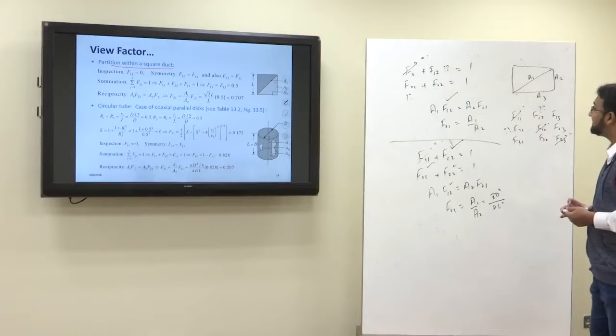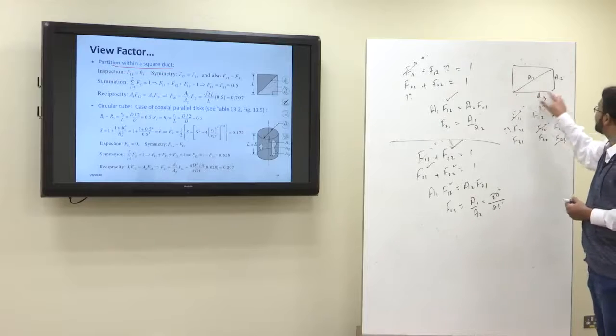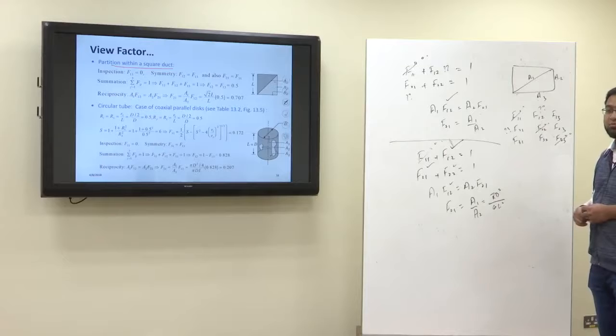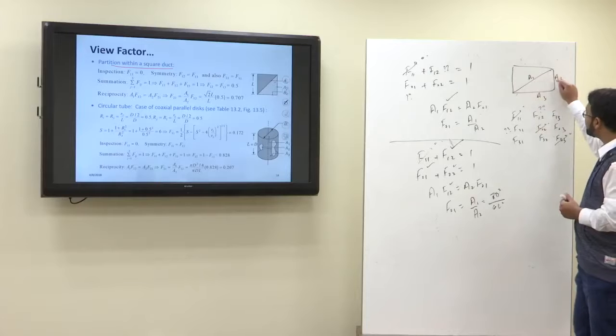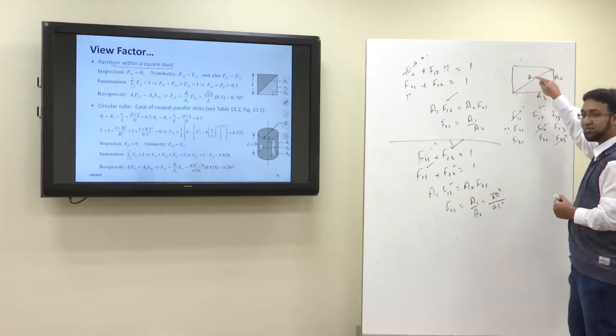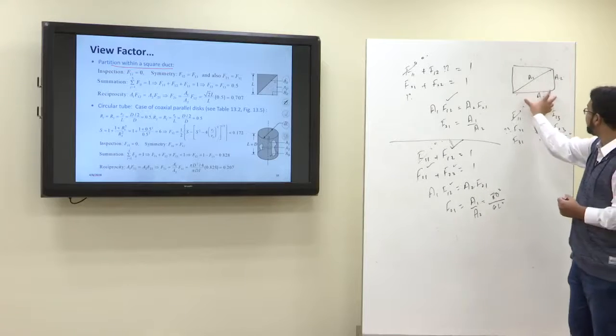This is a square duct, which means this length is also L, this is also L. So by symmetry, F31 will be the same as F21, and F13 will be the same as F12, because this is a square duct.